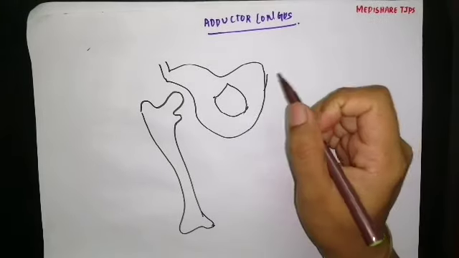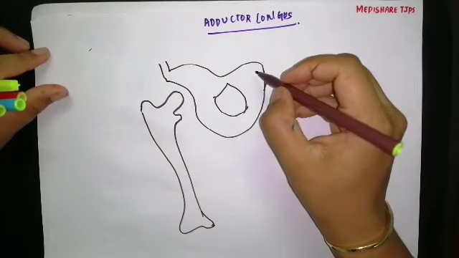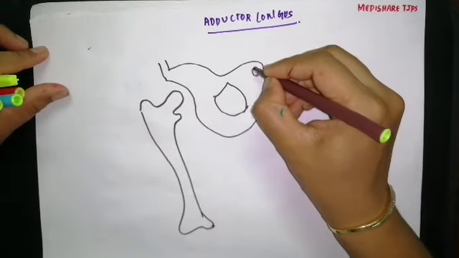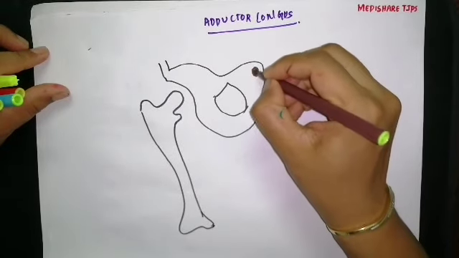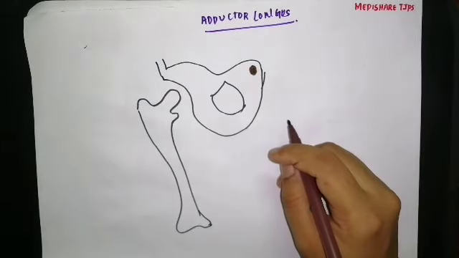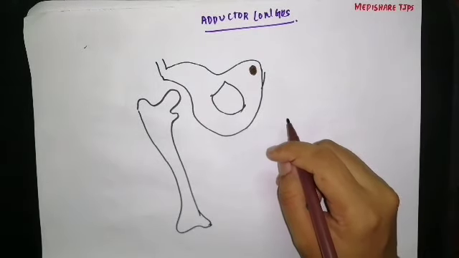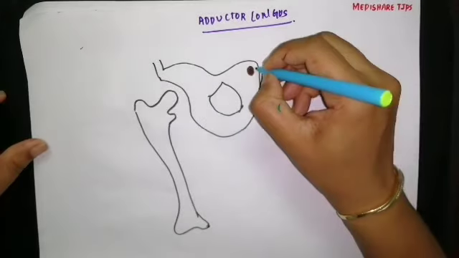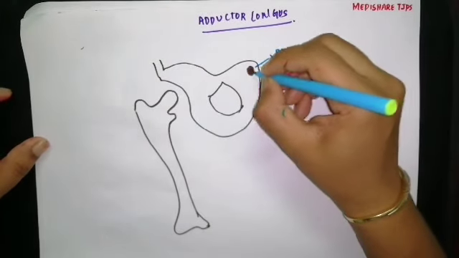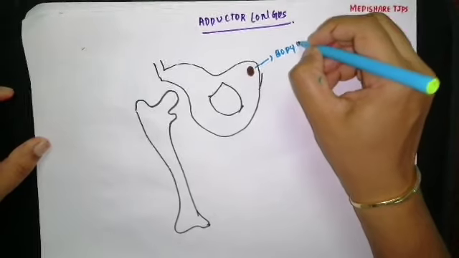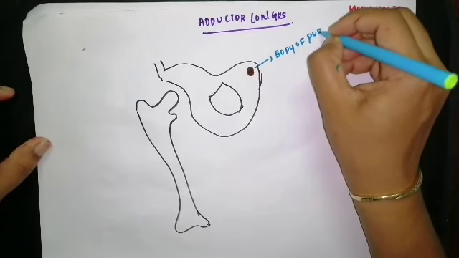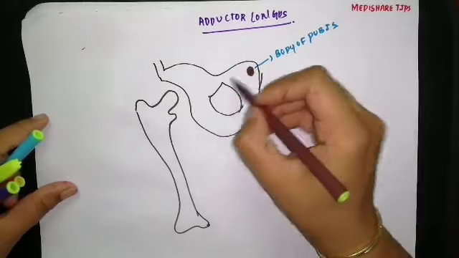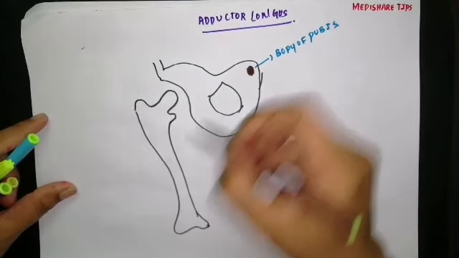The origin of this muscle is from the body of pubis. It originates from the anterior surface of the body of pubis. Now it is a triangular muscle. It is triangular in shape.